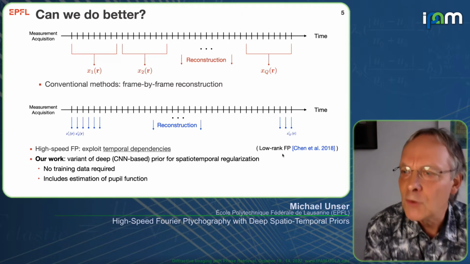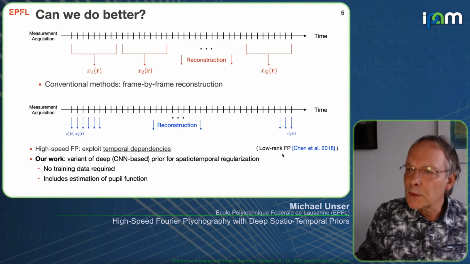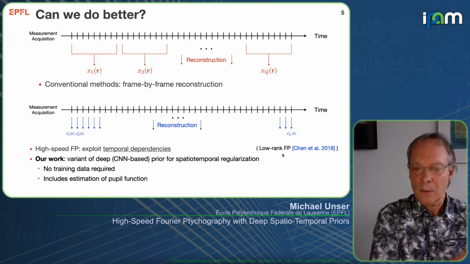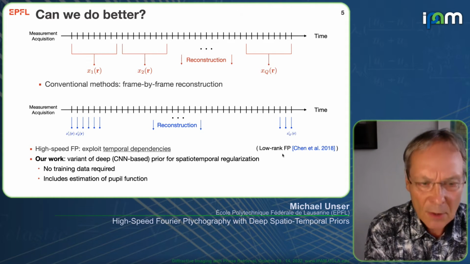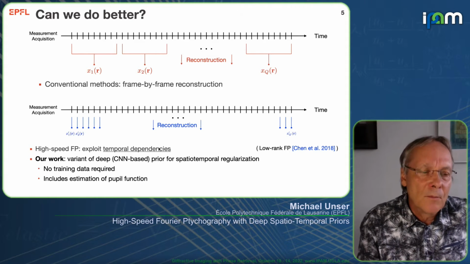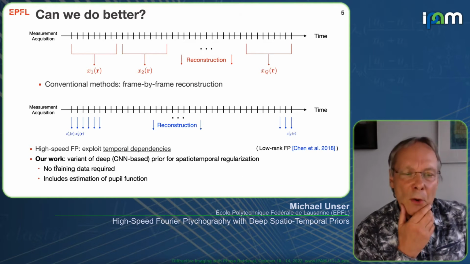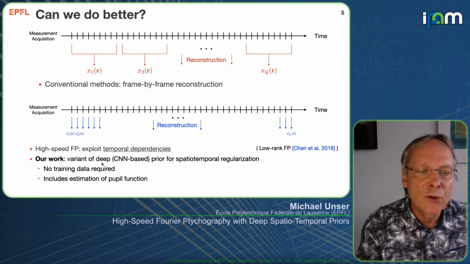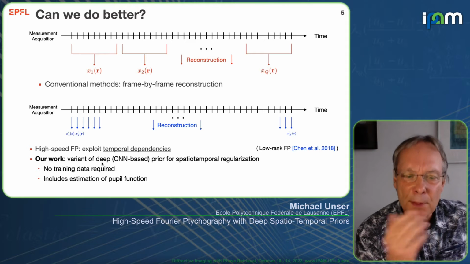So a little in the spirit of principal component analysis, imposing low rank in the time direction, which brings in some regularization. Now, in the present work, what I want to describe to you is a variant of deep prior.